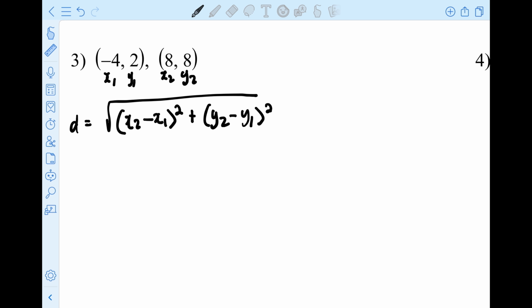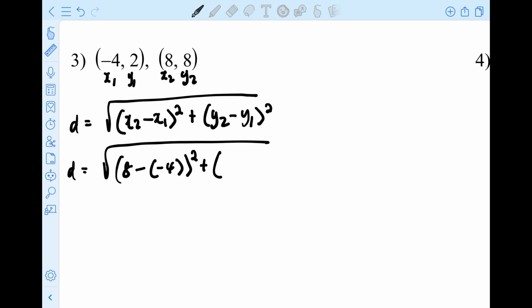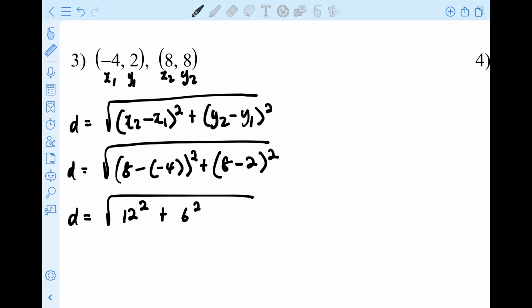So distance is equal to the square root of 8 minus negative 4 squared plus 8 minus 2 squared. And so distance is equal to the square root of, this is 8 plus 4, which is 12 squared, plus 8 minus 2, which is 6 squared, right?